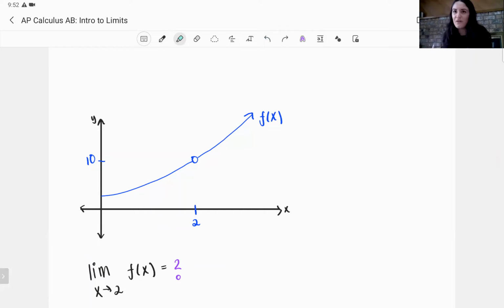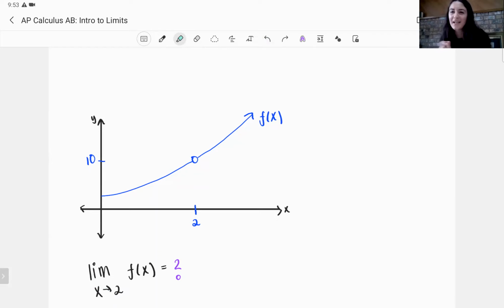That seems kind of weird, and you might think, well, there's no answer then, right? How could we do that if the function isn't defined there? But this is where we need to remember that a limit is not asking you to just calculate what the function value is there. They are not asking, hey, when x is 2, what is y equal to? Instead, they're asking, as x gets really, really close to 2, what does y get really, really close to?